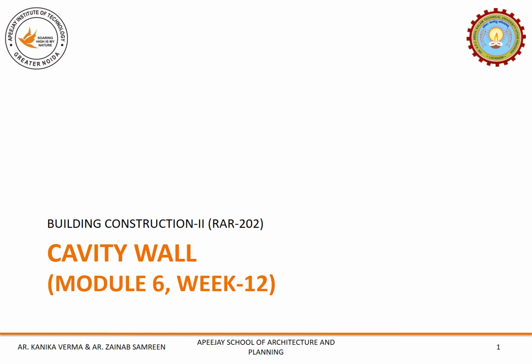Third segment will be explaining individual components of construction, their role, and other important considerations during construction. The fourth and final segment will illustrate construction details of cavity wall assembly at different levels like foundation, windows, other openings, etc. Now I would request Architect Zainab to explain the first 2 segments of the lecture.